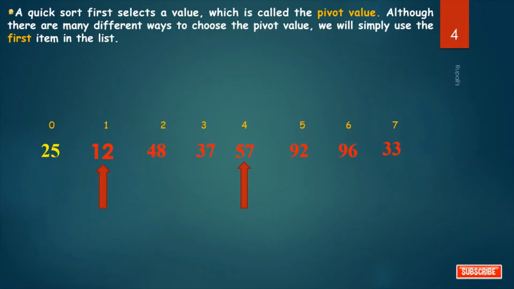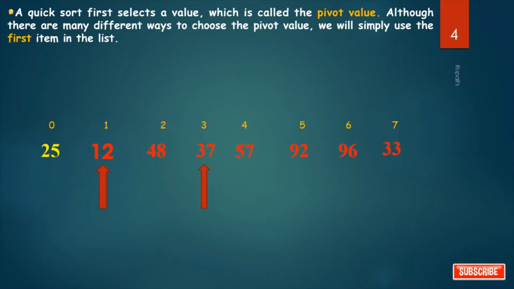Again, you have to repeat the same procedure. Means you have to increase the lower pointer till we get a value that is greater than the pivot element, and you have to decrease the upper pointer till we get a value that is less than the pivot element. So, this is our upper pointer. Okay. So, first 57 is greater than 25. So, skip. 37 is greater than 25.